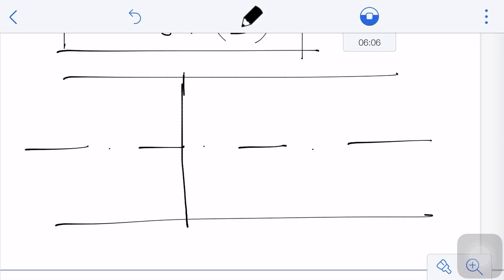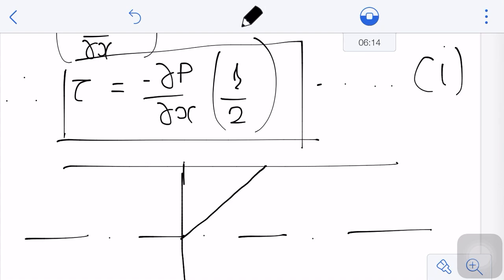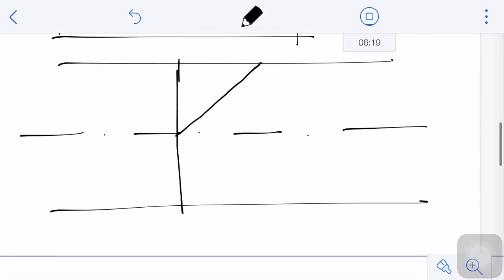At the radius small r equals 0, the shear stress would be equal to 0, because if you put r equals 0 in this equation, the shear stress becomes 0. And that is how the shear stress will vary from the center of the pipe to the boundary of the pipe, increasing as you move away from the center towards the boundary. So this diagram is nothing but the shear stress distribution.